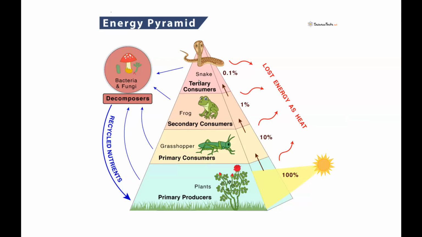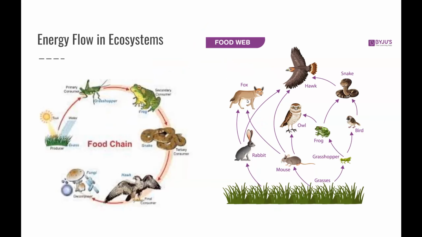Your fox is always a secondary, but your hawk and your owl can be a tertiary or a secondary, because your owl eats mice and frogs.